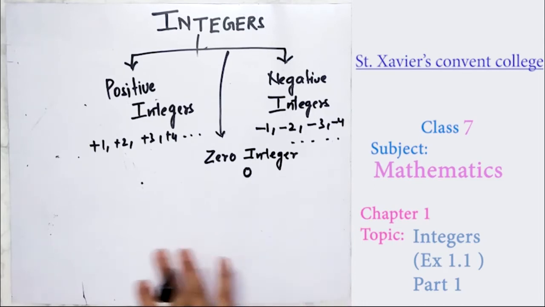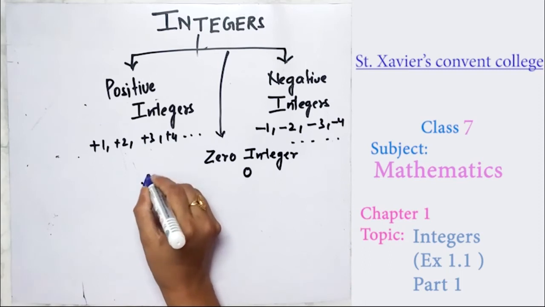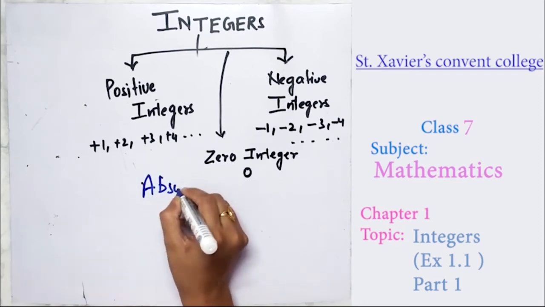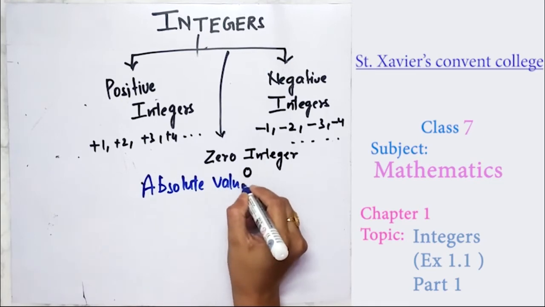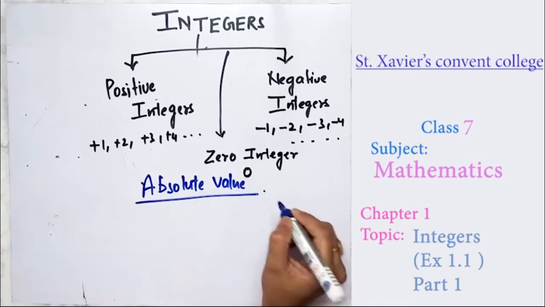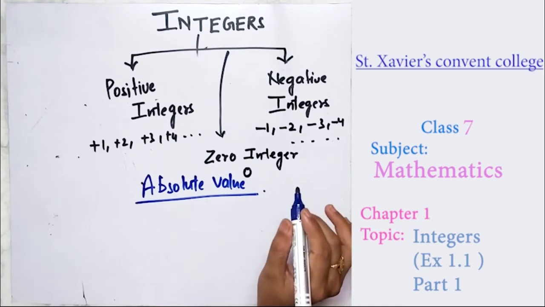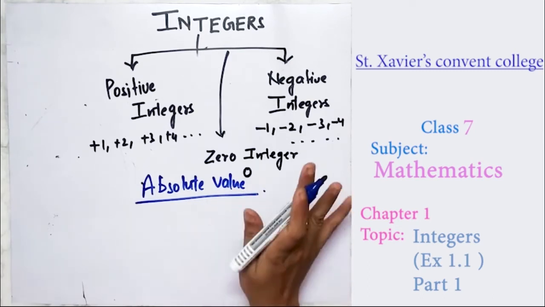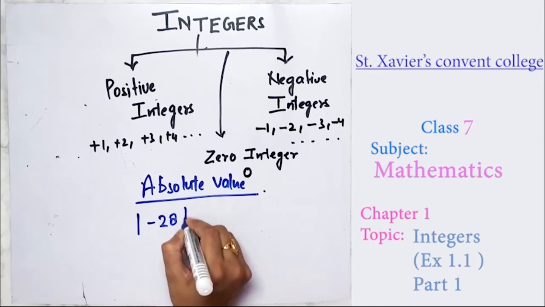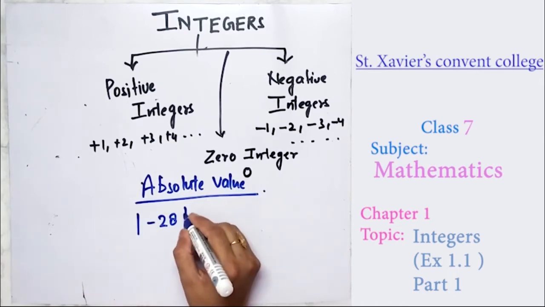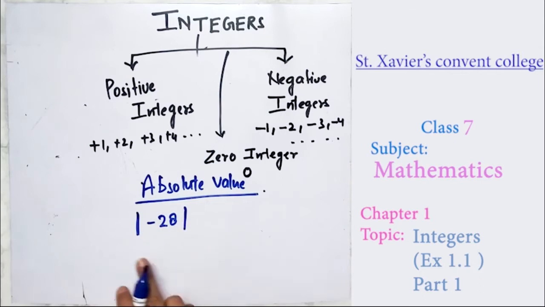Okay, so for these positive and negative integers, the next topic we have for discussion is the absolute value. Absolute value means that the sign doesn't matter to you; you are just dealing with the values. Just suppose you have minus 28 in these two parallel brackets.